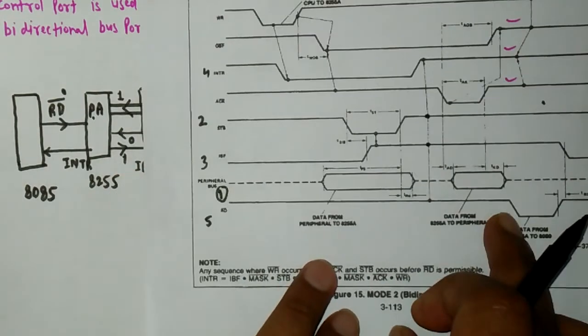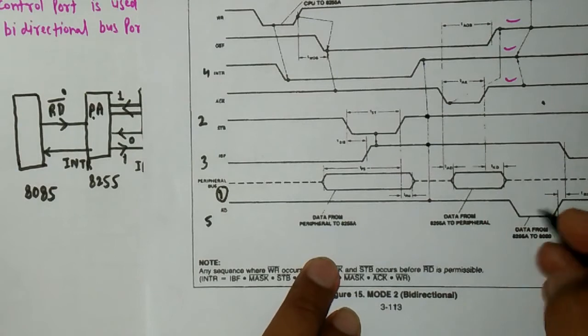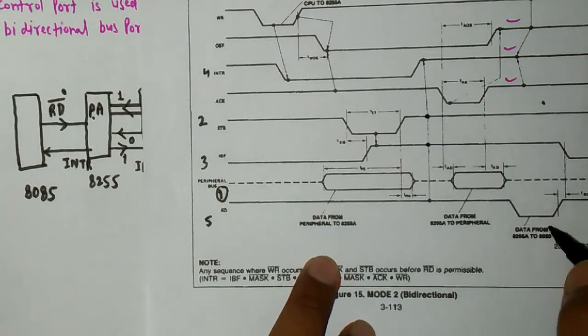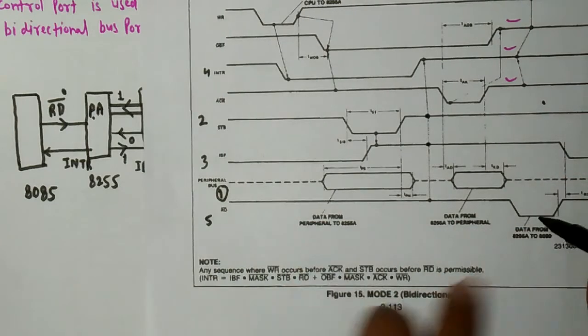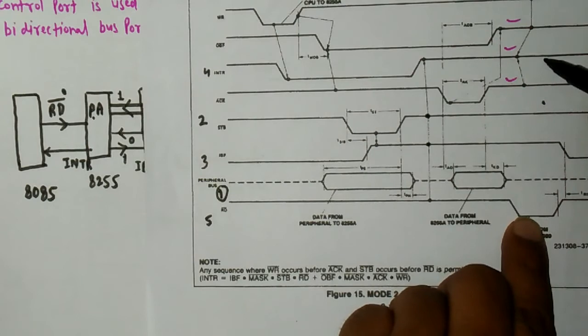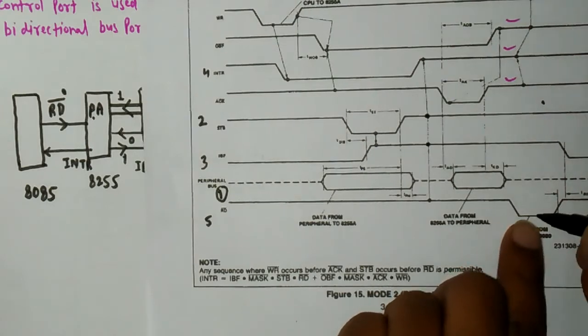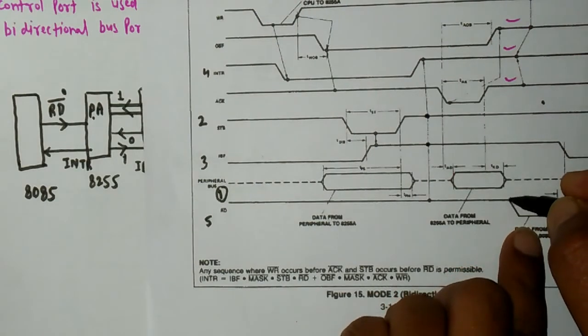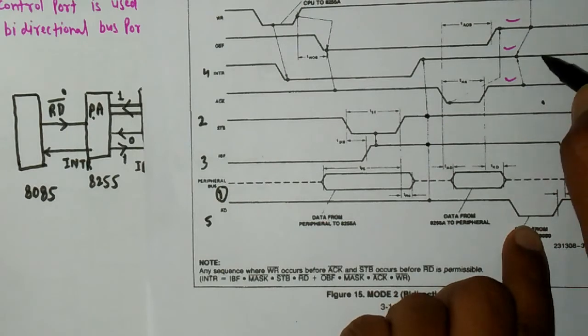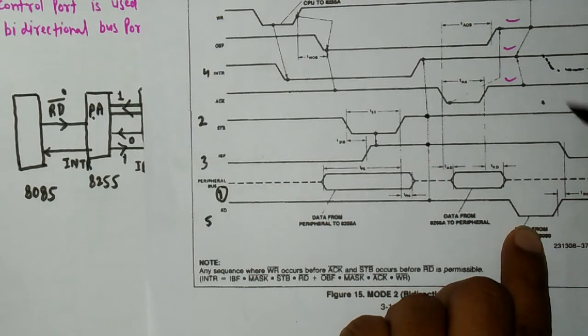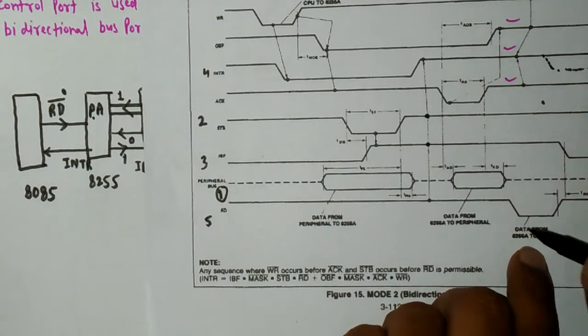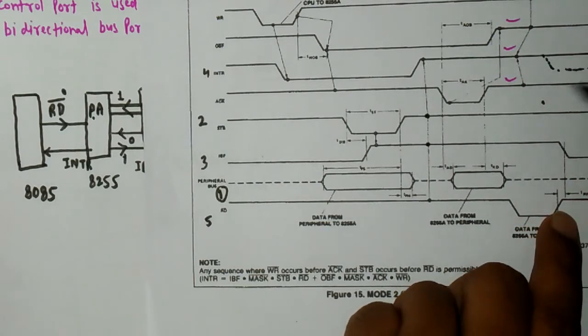When the microprocessor reads the data, the low on the RD bar pin will clear the interrupt here. So after this transition, when RD bar goes from high to low logic, the INTR pin will come to the low state, because if it does not, then when RD bar is again high, it will cause another interrupt.